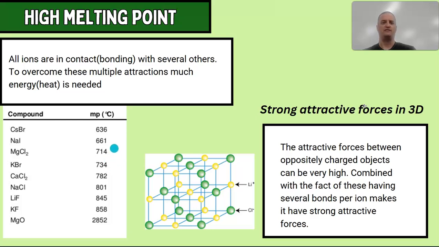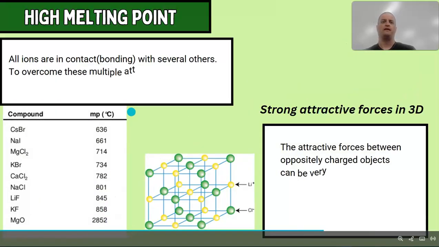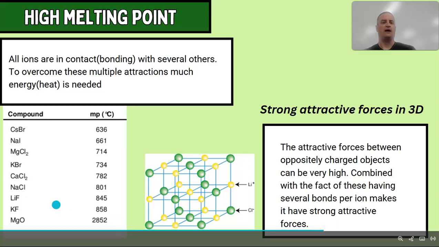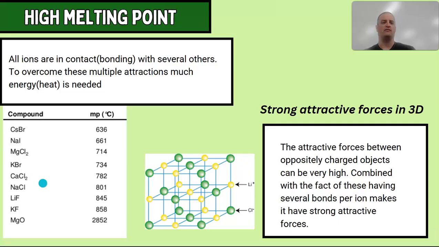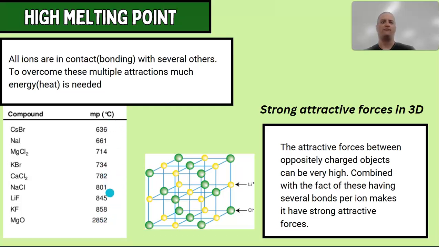Now you might notice that some, with their attractive forces here, when you have a positive 2 ion and a negative 2 ion, results in a very large attractive force compared to a positive 1 and a negative 1, which would only have a less attractive force. But these are all much, much higher than any covalent bond would have.